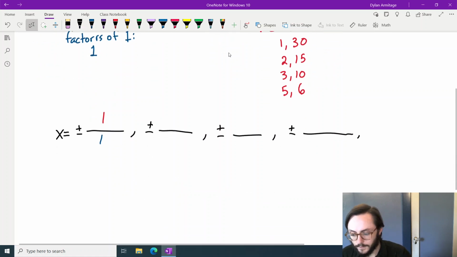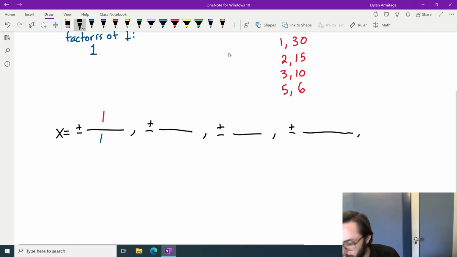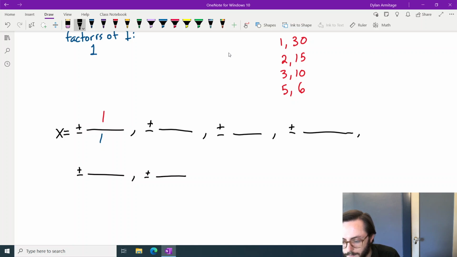I'm just going down my list, basically setting up the visual for it before I actually write it out. The denominator is always going to be 1 in this case, though it may not be sometimes.